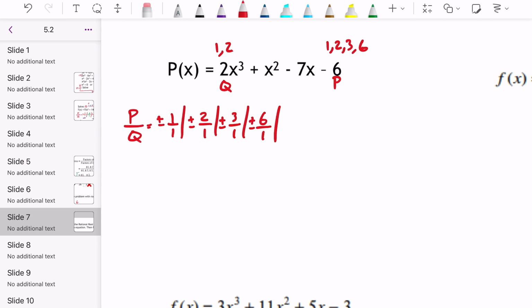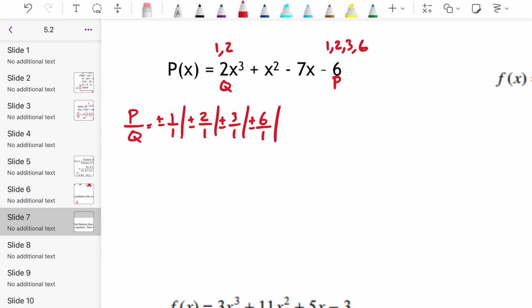Now that we've gone ahead and we have solved for the 1 of our P, we're going to go ahead and work with the second digit of our Q, which is going to be 2.